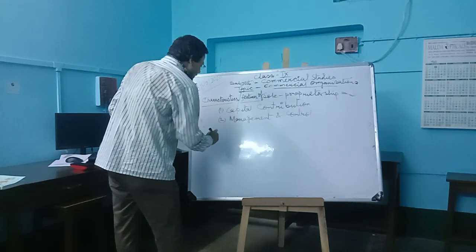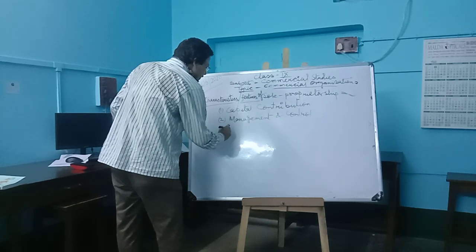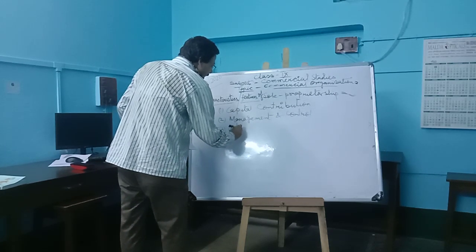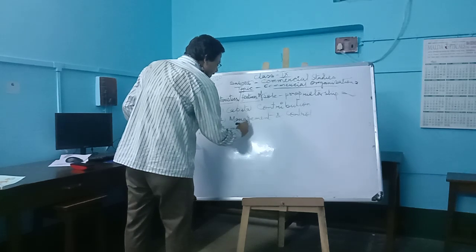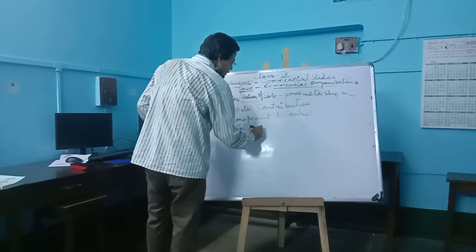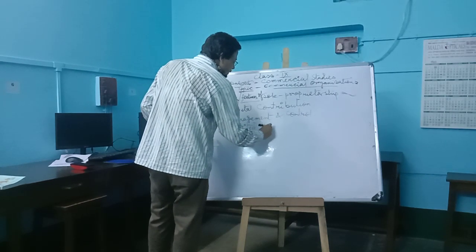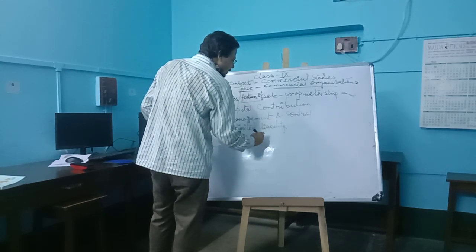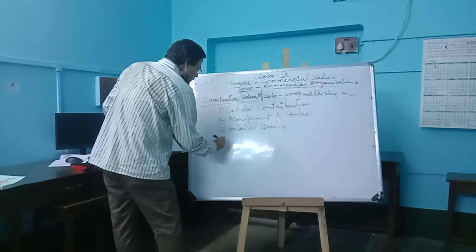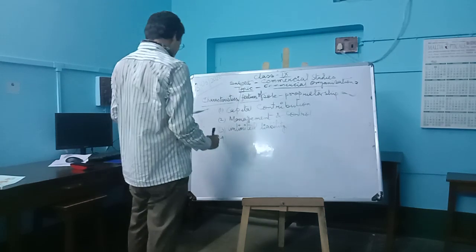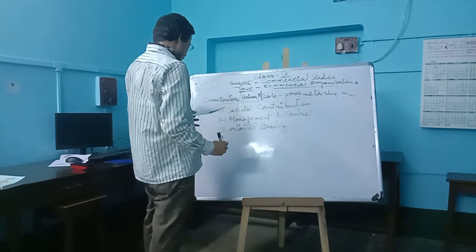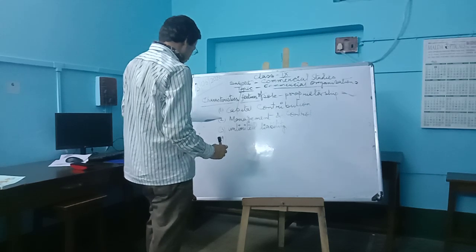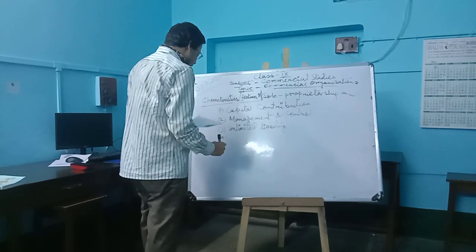Number 3, unlimited liability. Number 4, limited area of operation.